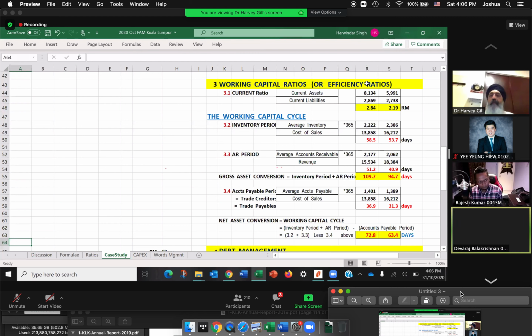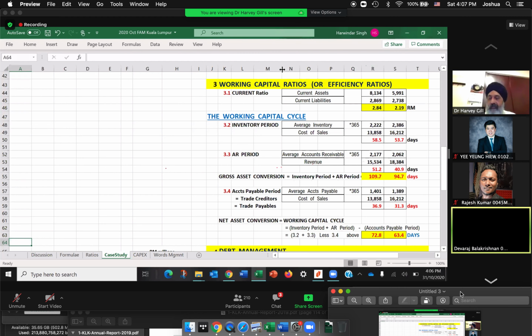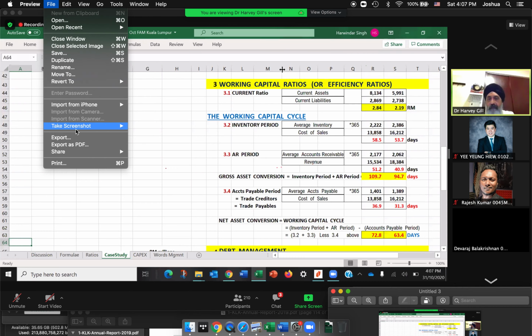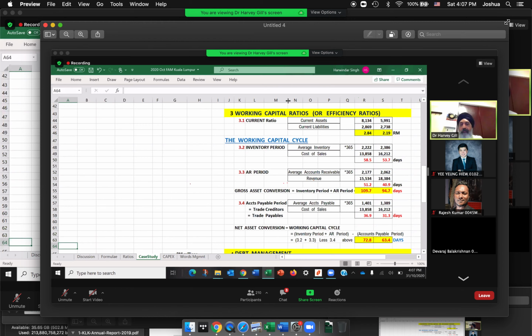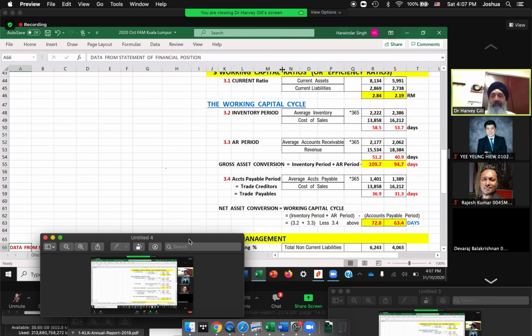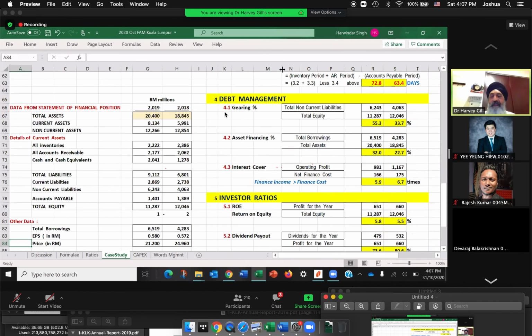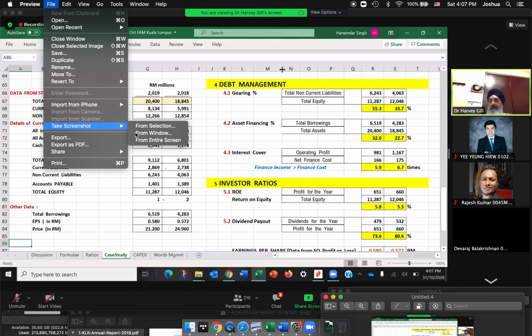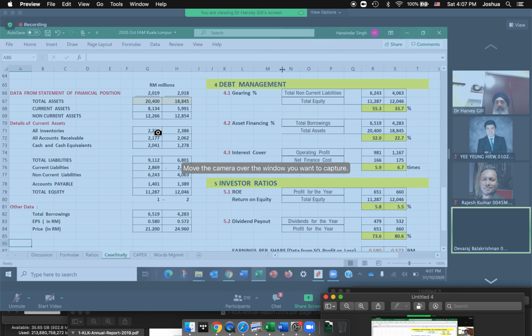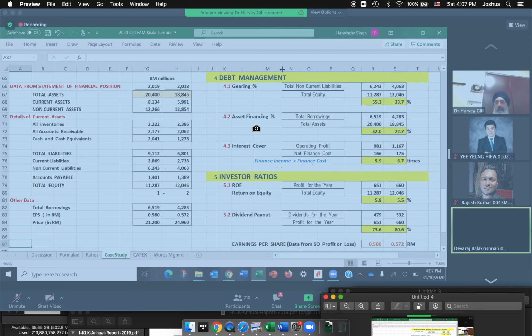Okay, number 4, please. Maybe you all want to take again because some of the words were missing. 5, 4, 3, 2, 1. And here we go. Debt management, investor ratios together with the data. This one very important. Get everything. You can see the final line, the earnings per share.